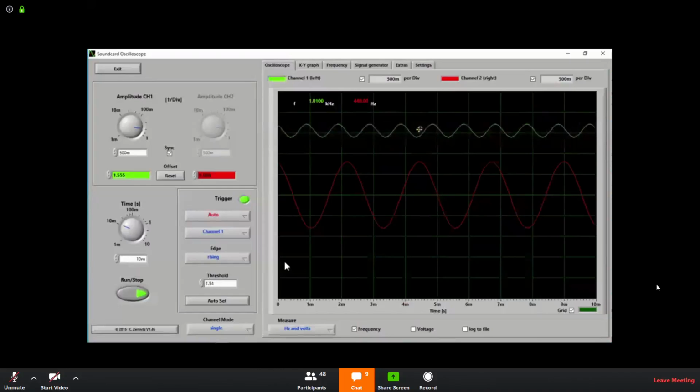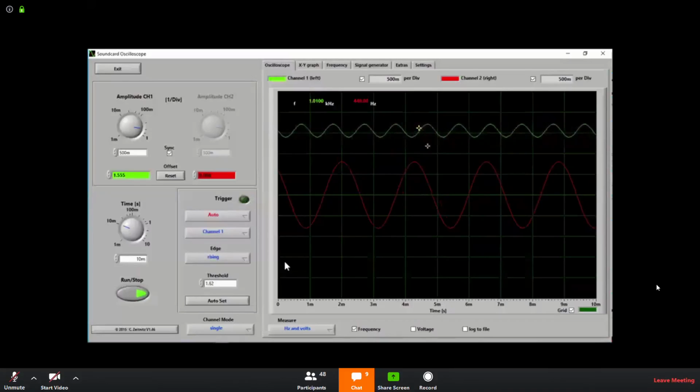This is the trigger point, wherever you want to stop the waveform, you can set it. So see, this red one is the 440 hertz waveform, and the green one has gone up to 1.01 kilohertz, meaning 1010 hertz. Like this, we can generate a lot of signals and measure them here.